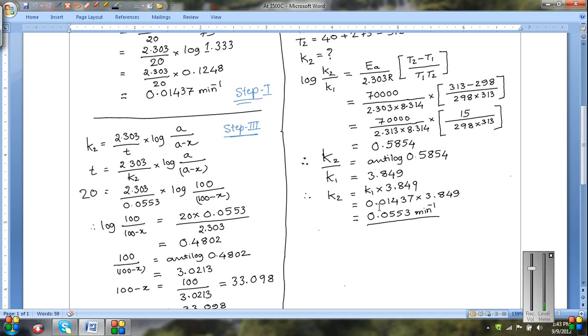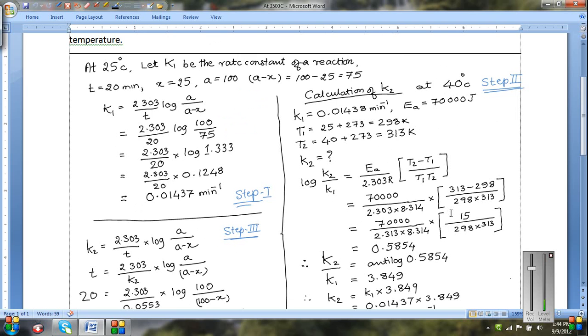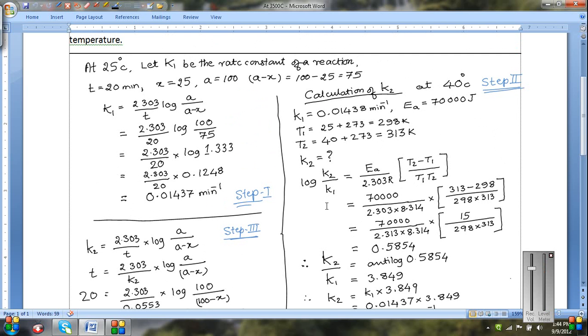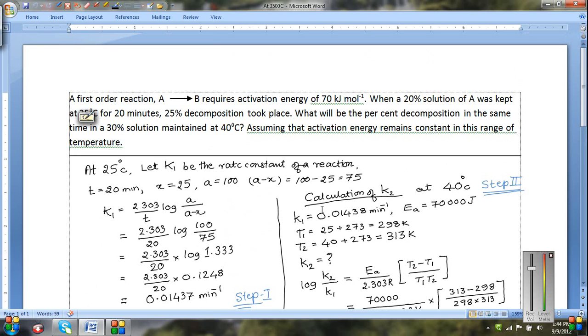Put the value of K1. We got K1 in step 1: 0.01437 multiplied by 3.849. That is 0.0553 per minute. This is the second step. We got K2. Now why do we need K2?